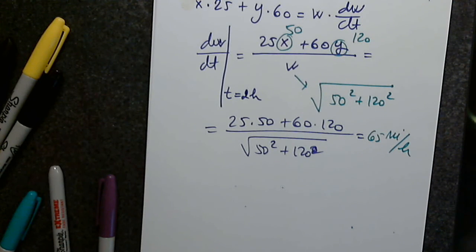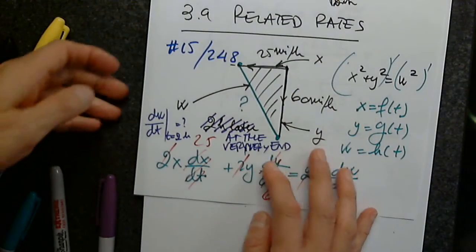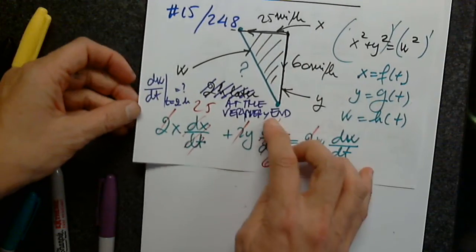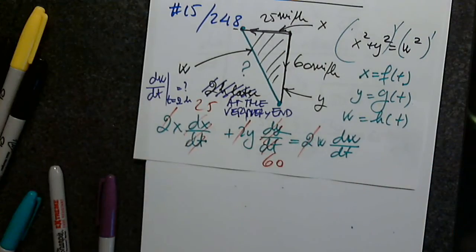So this is a related rates problem. One more time, what did we do? We created an equation. Without creating the equation that involves the unknown and something else, I will not be able to differentiate, find an expression for W, find an expression for W prime, and then plug in the information I have.